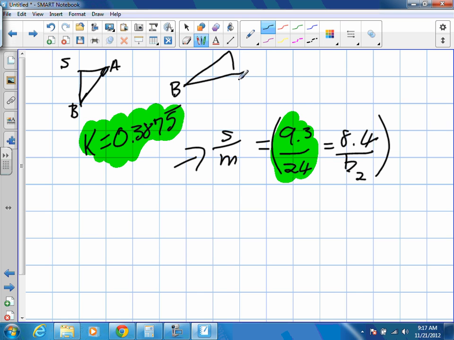If you notice, what we used here, S, I think this was side B, and this was side A. We used the smaller triangle on top of our ratio, so that was the smaller triangle going towards the bigger triangle. We did division like that. We took all the small triangle sides, that was our S, our B, and our A, and we divided them by the larger triangle, which was M.